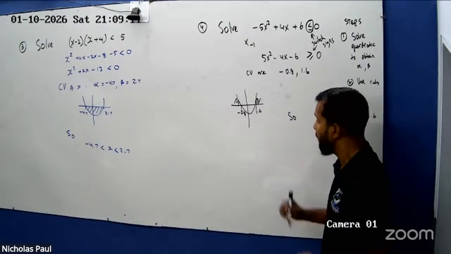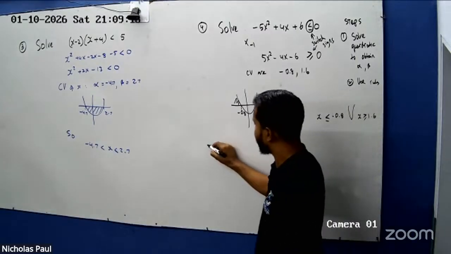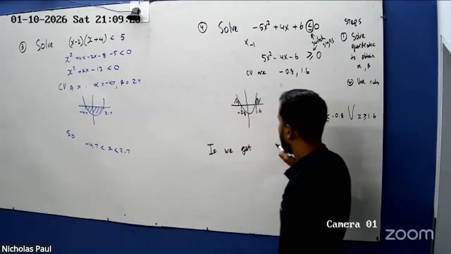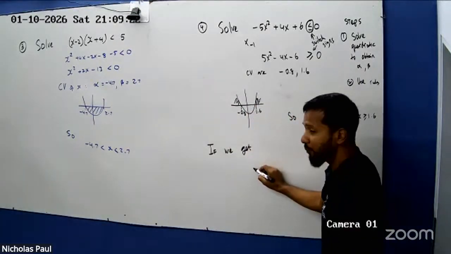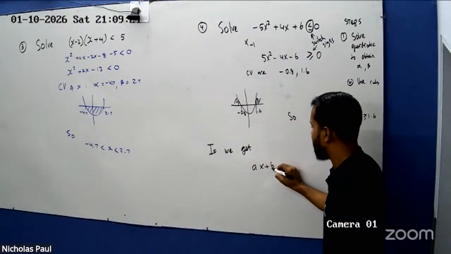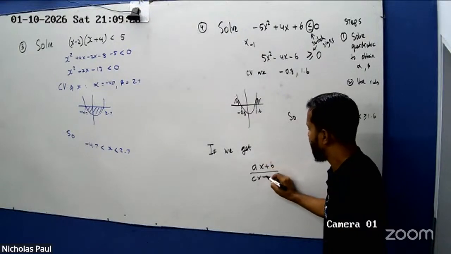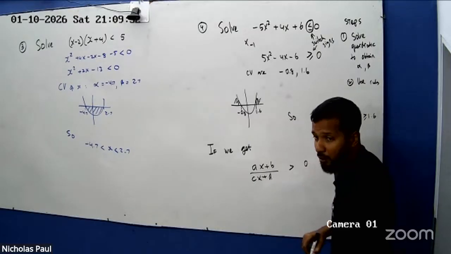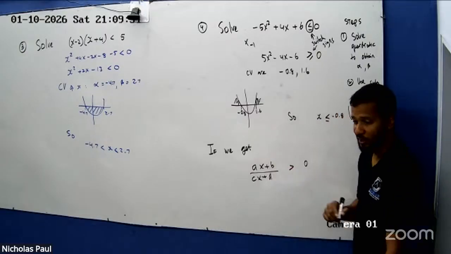Sometimes we get something like this: ax plus b over cx plus d is more than 0. Suppose I gave you a fraction like this.